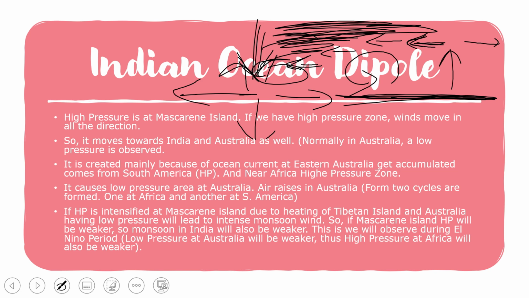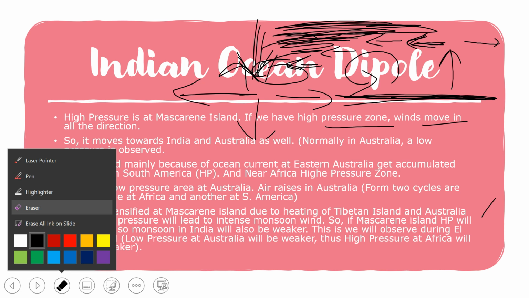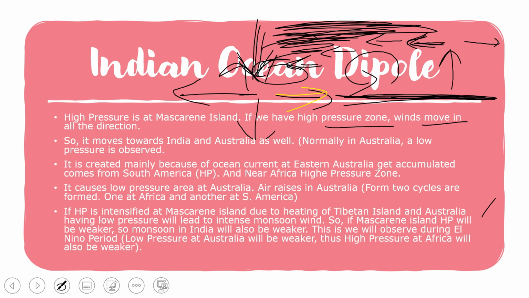So that is repeated here: if we have a high pressure zone, then wind will move in all directions at the surface. It moves towards India and Australia as well. Normally in Australia a low pressure is observed, so the wind moves from high pressure to low pressure. Here, the wind will move in this direction, and again there is land, and it is moving in this direction also.